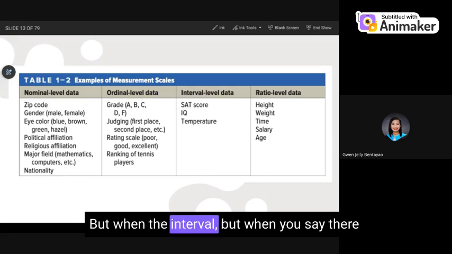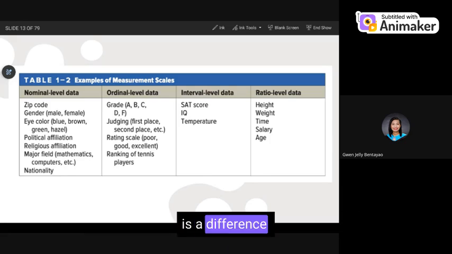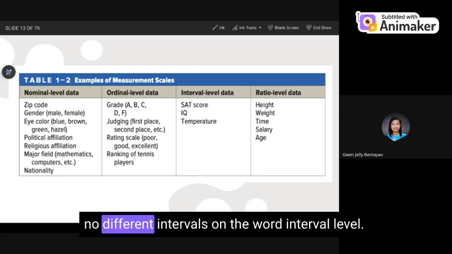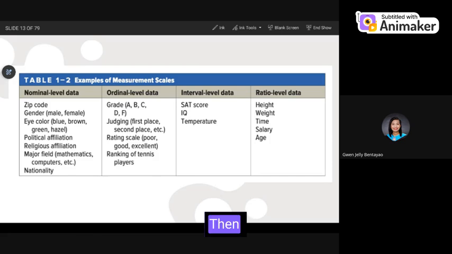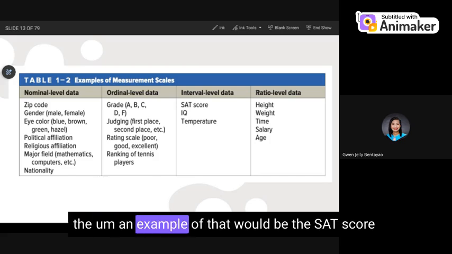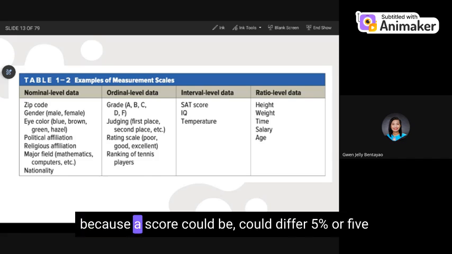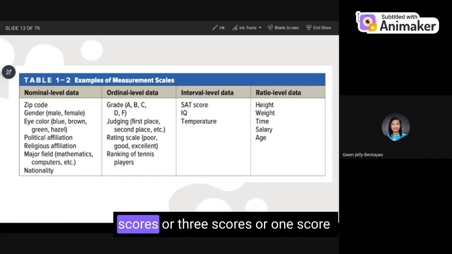But when we say there is a difference, now with different intervals, that is the interval level. An example of that would be the SAT score. The SAT score could differ by 5 points or 3 points or 1 point.